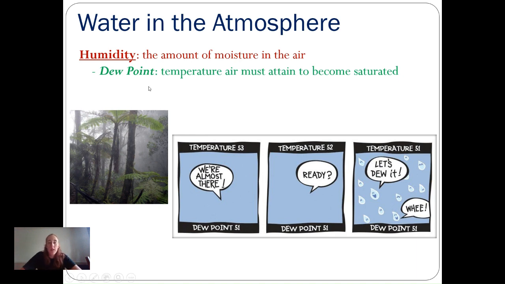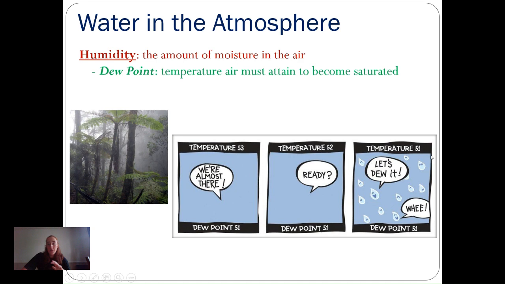We also have the dew point. The dew point is the temperature that the air has to be for it to be saturated. The best way to show this is with an analogy. We have the atmosphere. The air temperature is 53. Let's say the dew point temperature is 51. Let's say the air temperature goes down to 52 and the dew point is still 51.